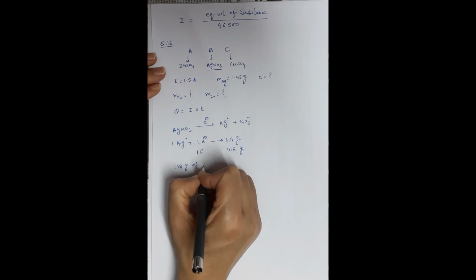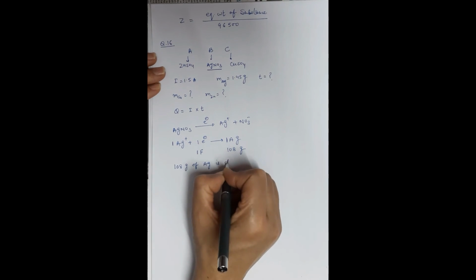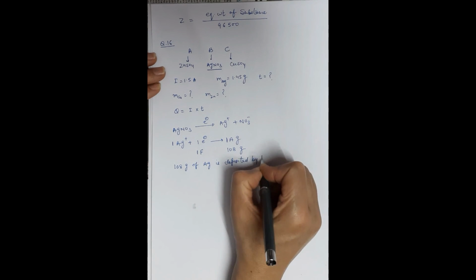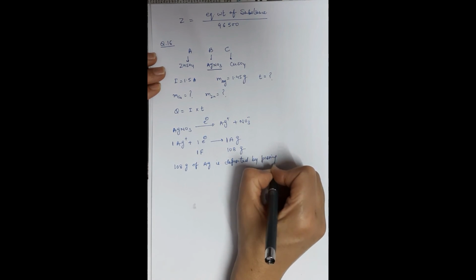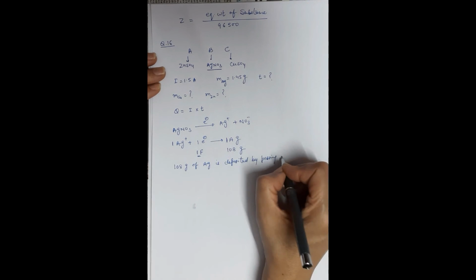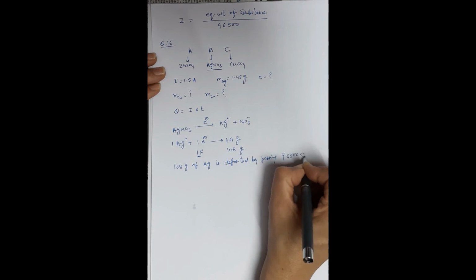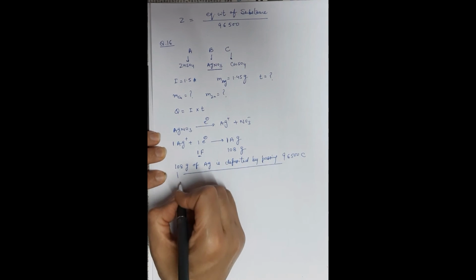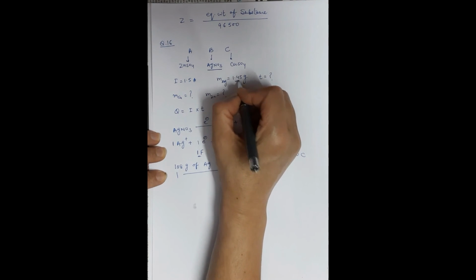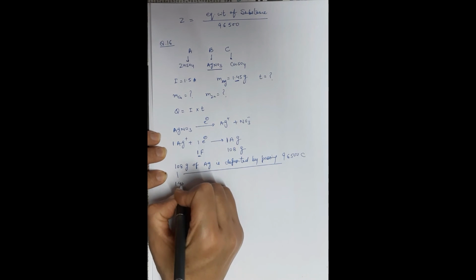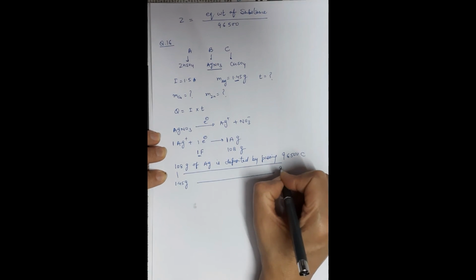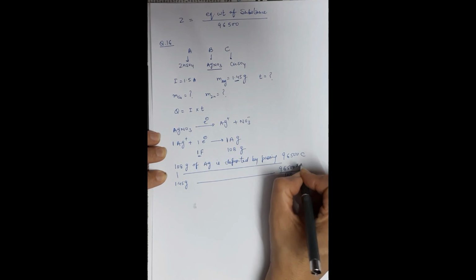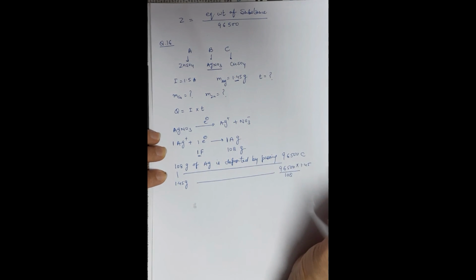108 gram of silver is deposited by passing 1 Faraday of charge, which is equal to 96500 coulomb. 1 gram will be deposited by passing how much, and this much is already given to us, 1.45 grams. It is 96500 upon 108 into 1.45.